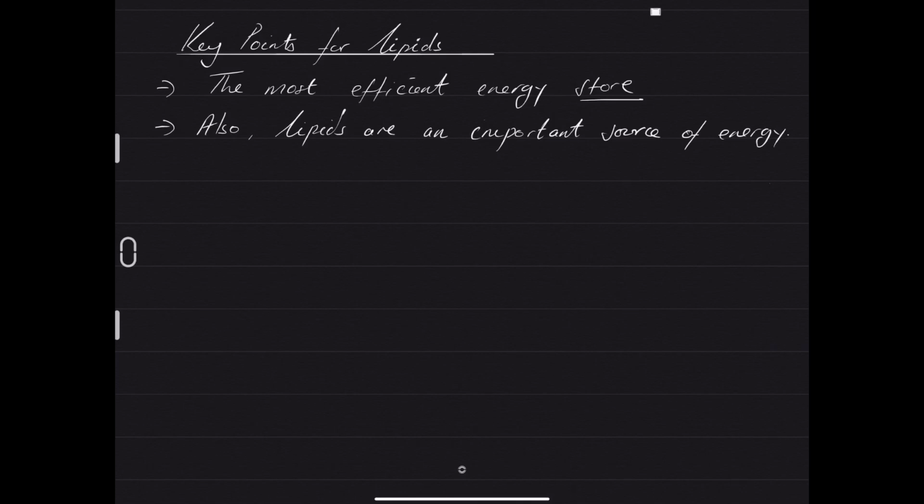They are performing two vital functions here: one to store energy, and one as an important source of energy.